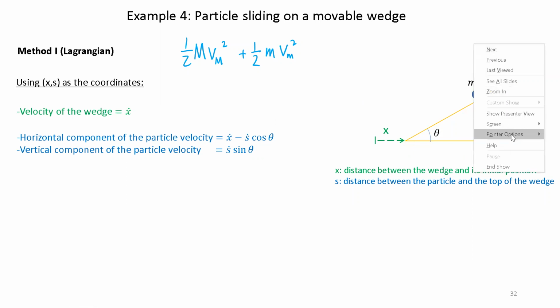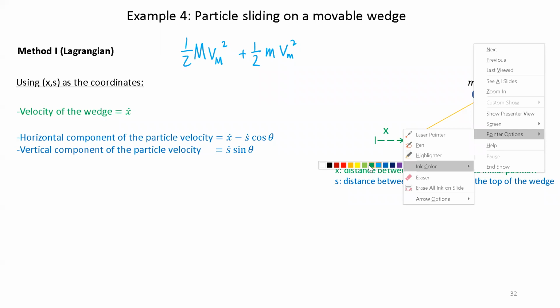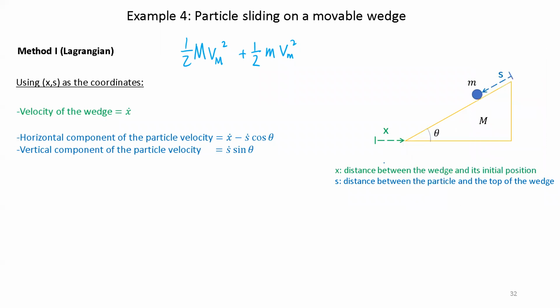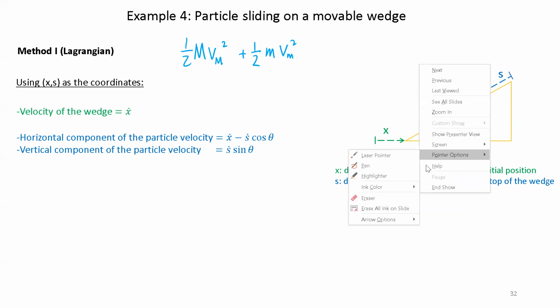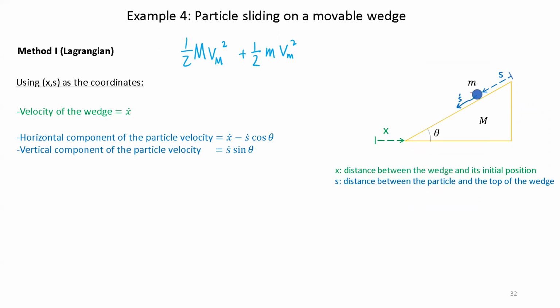Let me just draw the s dot first. So this is my s dot, and then this horizontal component over here is this s dot cosine theta, and this vertical one is my s dot sine theta.